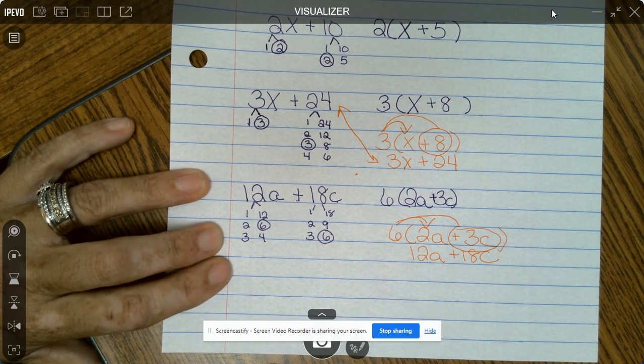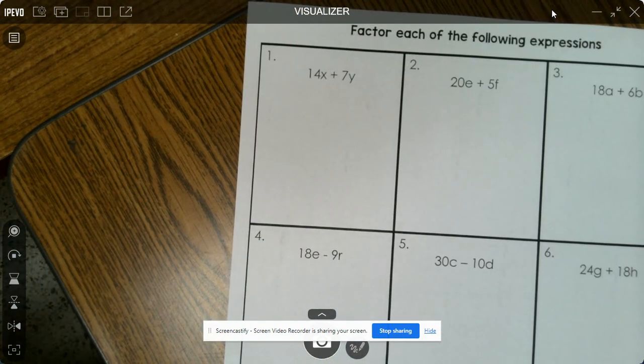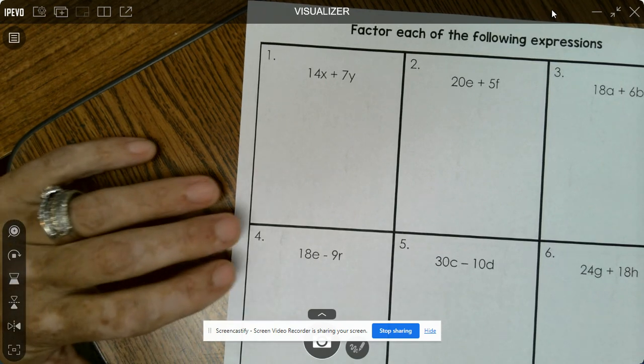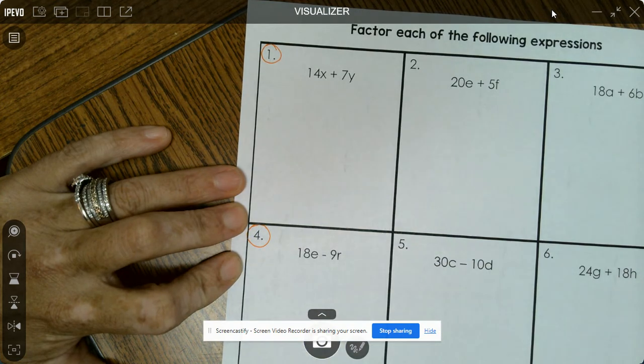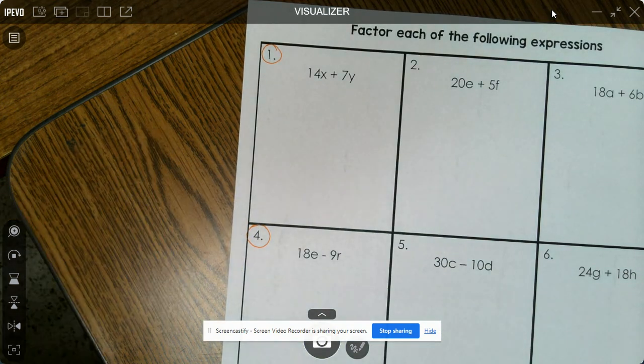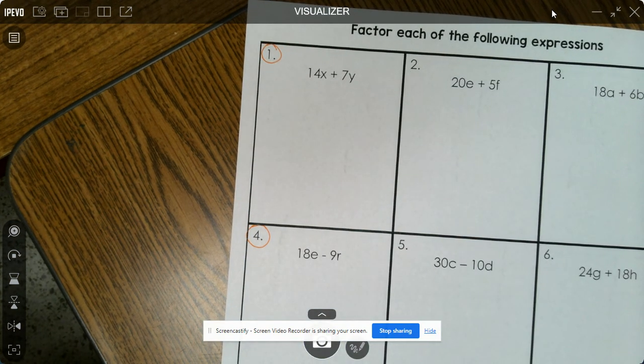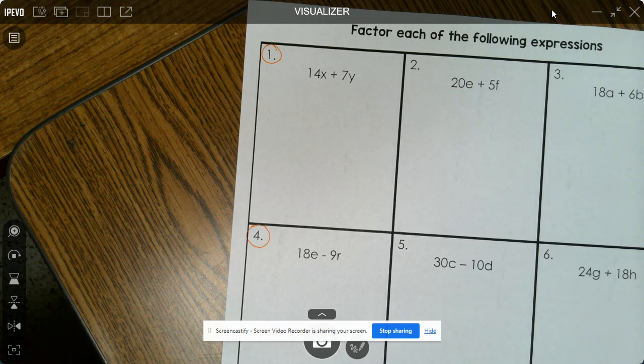Go ahead and take out today's assignment. We'll do 1, 4, and 9 together. For number 1, I feel very comfortable that you can do it yourself. So go ahead and do number 1 by yourself, and then we'll come back and check.